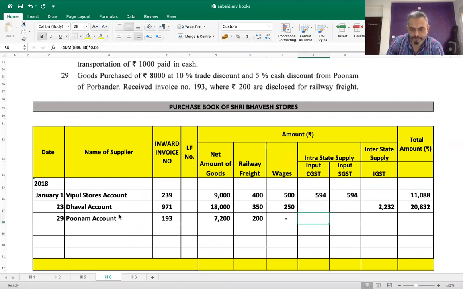Then let's find out the amount of CGST: 7,200 plus 200, 7,400 into 6% is 444.